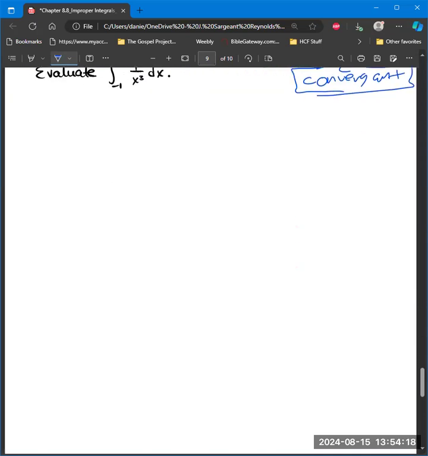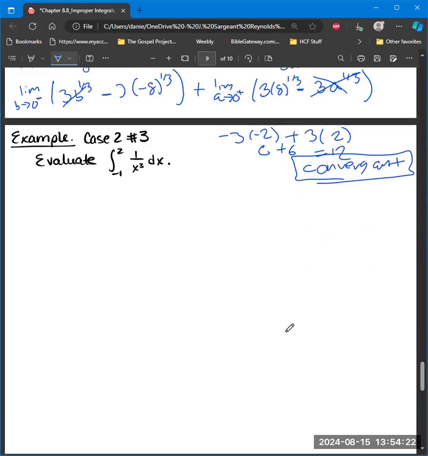But now let's look at the next example here. We have a bad point at 0 that's between -1 and 2. So let's set that up. -1 to 0, 0 to 2, 1 over x cubed dx.